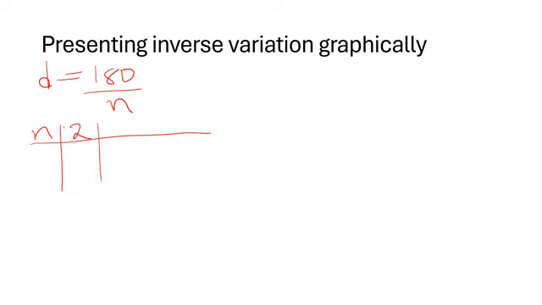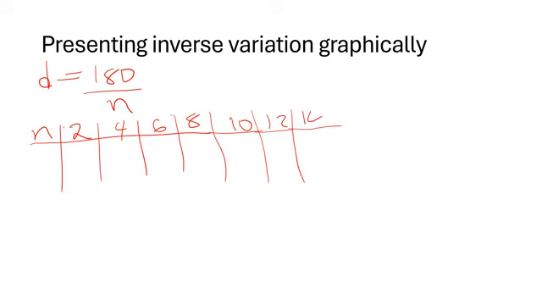Let's say we can start from 2, 4, 6, 8, 10, 12, 14, maybe 16 men.